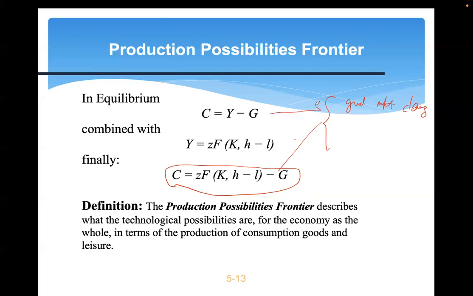And secondly, we use this identity, N equal to H minus L. In other words, we are trying to write everything in terms of C, from the goods market, and everything in terms of L, from this identity. And why do we want to write everything in terms of C and L, particularly from the production side?